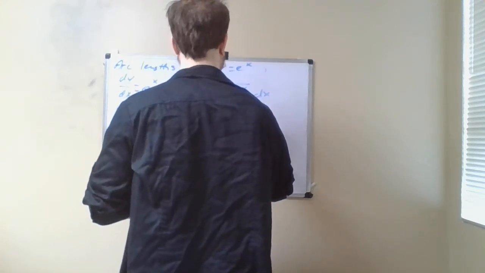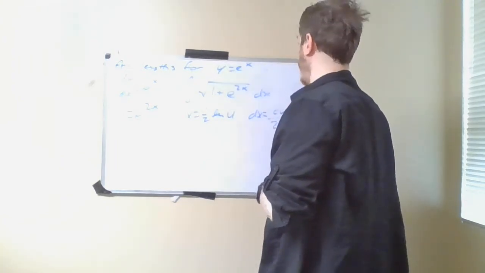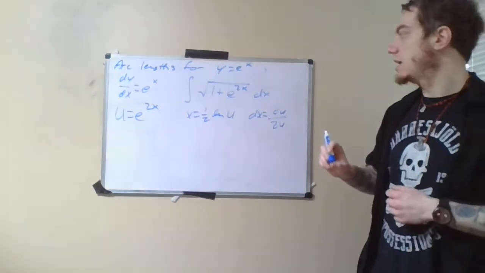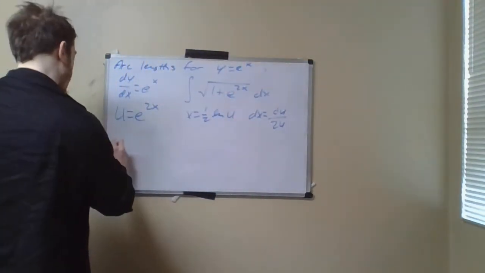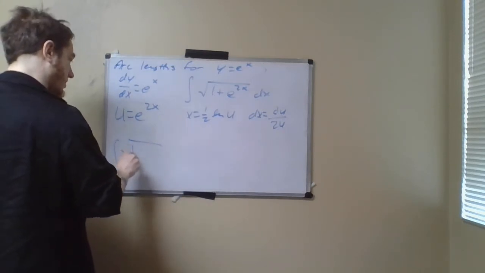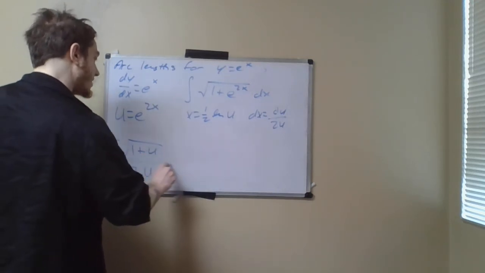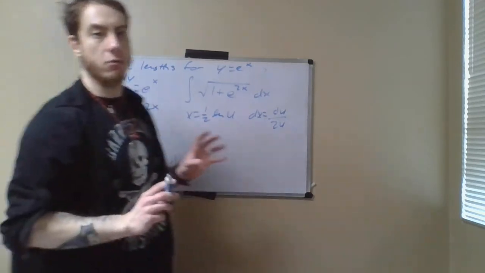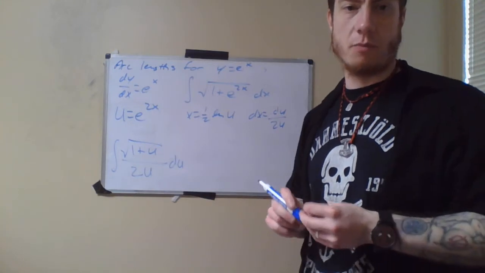This means that x is 1/2 natural log u, so dx is going to be equal to du over 2u. So this is then going to become, and I want to make sure I don't get anything confused, because if we mess this up, it's going to get really nasty, the integral of the square root of 1 plus u divided by 2u du. And there we go. Okay, so we've simplified things a little bit here.